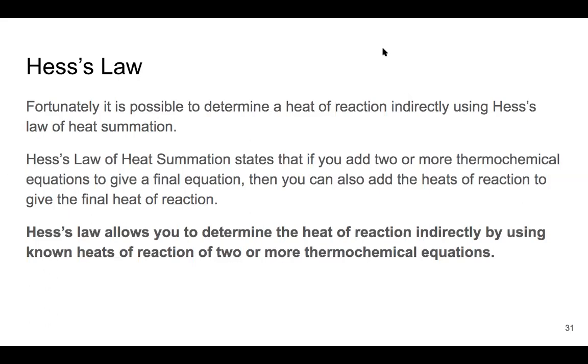What does that mean? That's kind of like a wordy definition. It's basically saying that if you know how much energy is needed, you can figure out how much heat it will need at the end to make that end product. By using equations of things that are easier to study, that happen faster, we can figure out something that might be more complicated or takes longer to create. Hess's law allows you to determine the heats of reaction by using known heats.